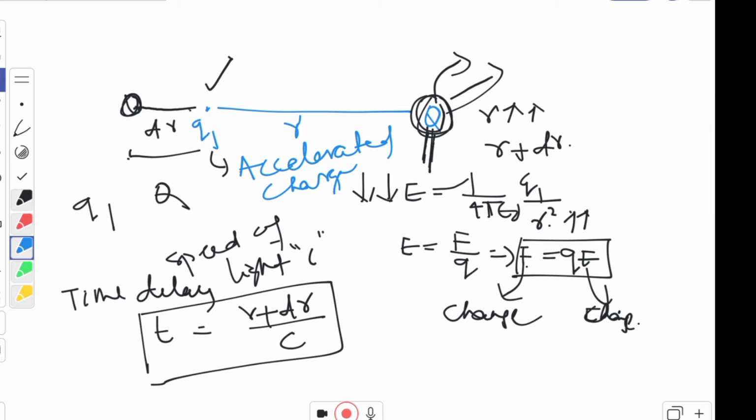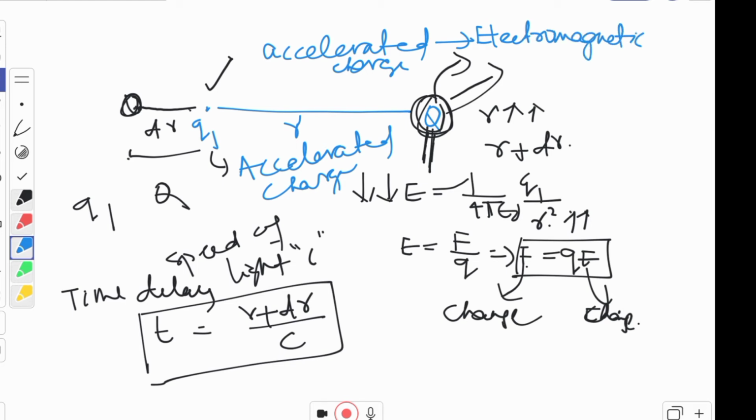So Q1 is an accelerated charge, and this accelerated charge will produce electromagnetic waves.